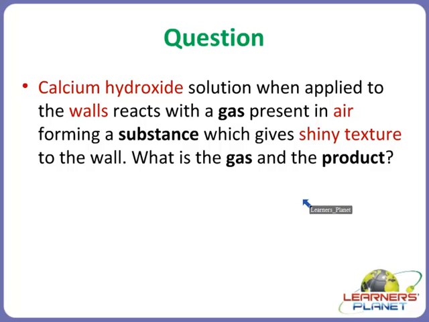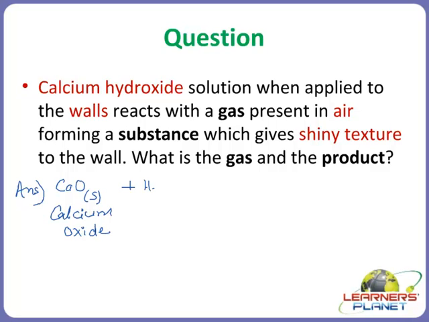So how is calcium hydroxide formed? What is done is, calcium oxide is quicklime or lime, and this calcium oxide solid is dissolved in water, and it is giving us what?